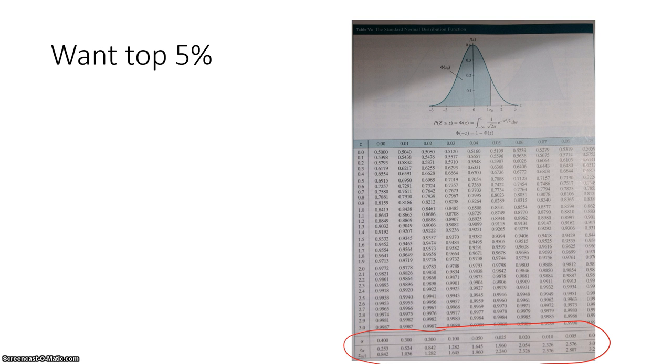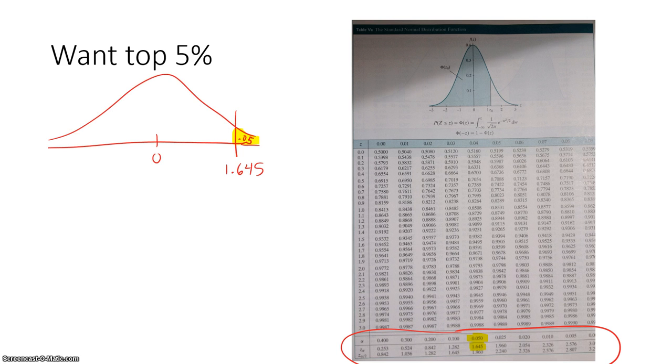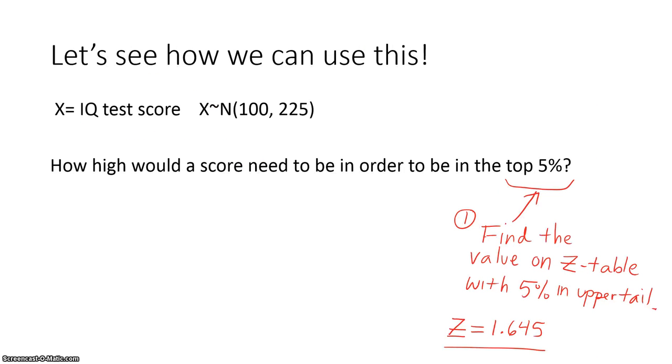In the alpha row there, that gives us the percent in the upper tail that we're looking for. So we are going to be able to look in the 5% column, and we can see that the value that's going to cut off 5% in the upper tail is 1.645. So the value on the z-table that has 5% in the upper tail is 1.645.